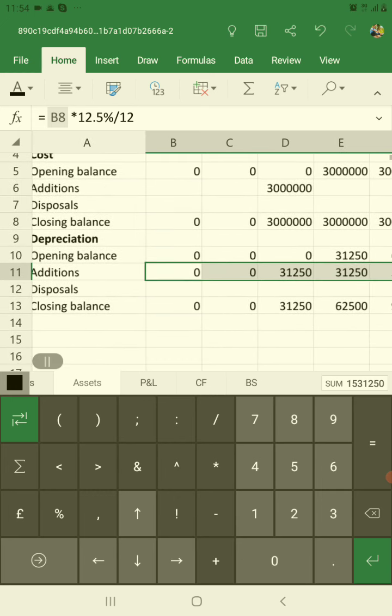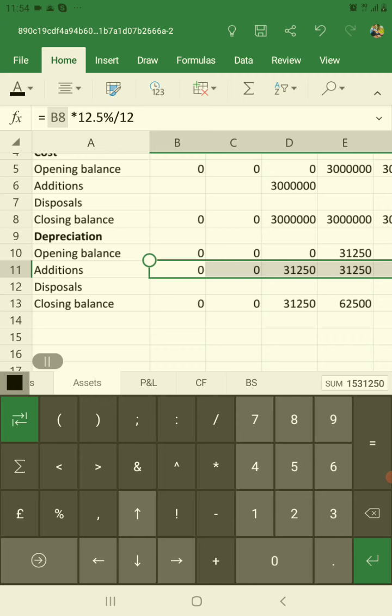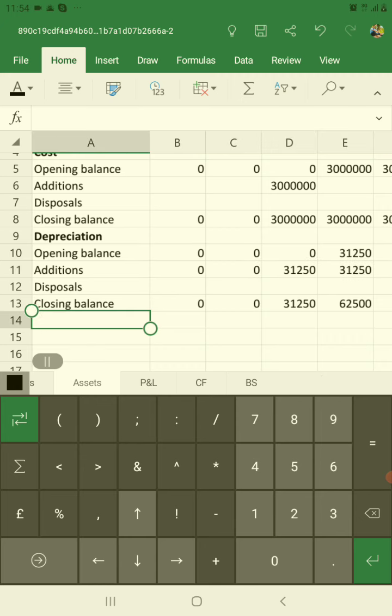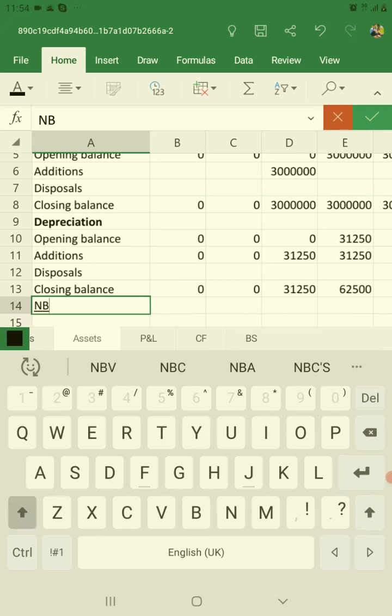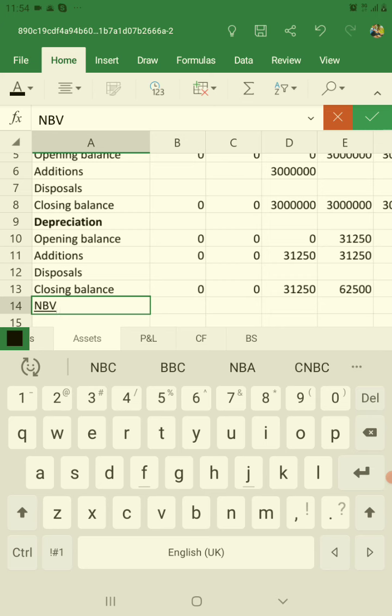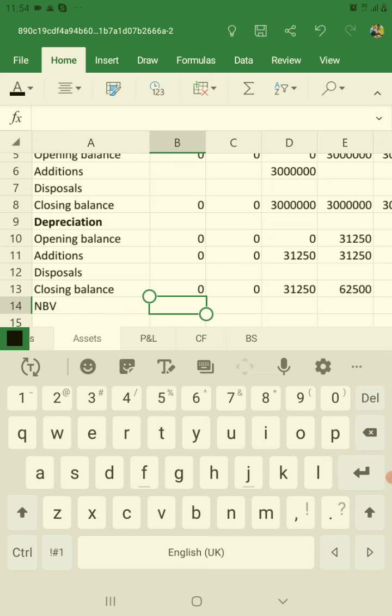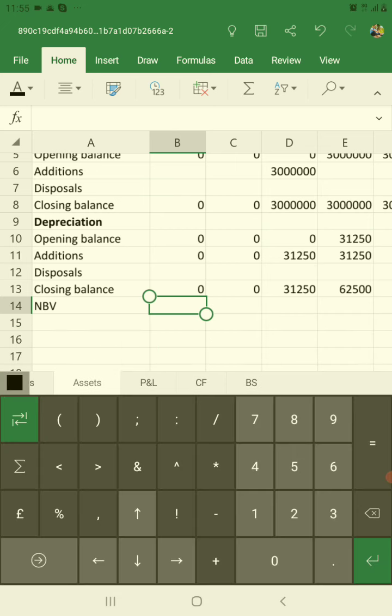And after that, what I have is net book value. What I have now is net book value of fixtures and fittings. That is, put a formula here, is a function of closing balance of cost minus closing balance of depreciation.